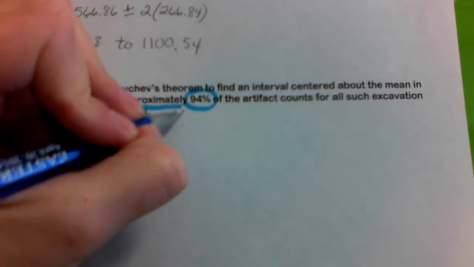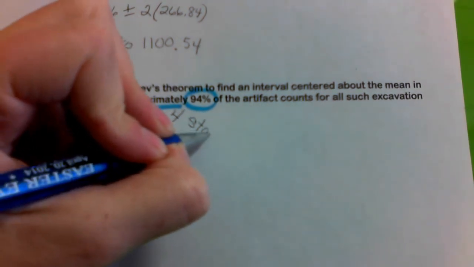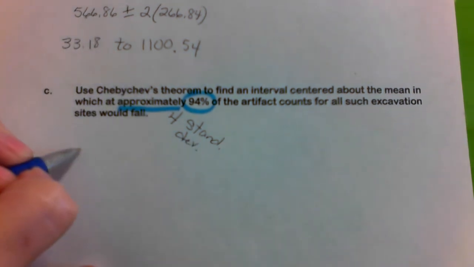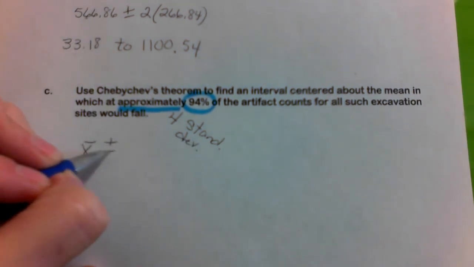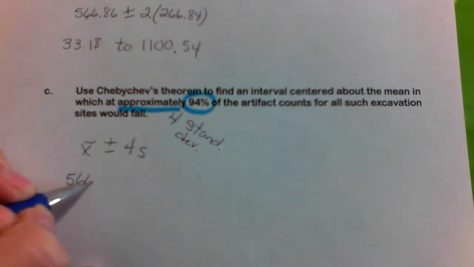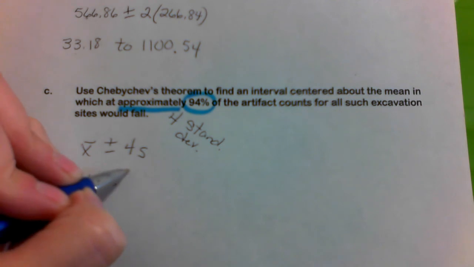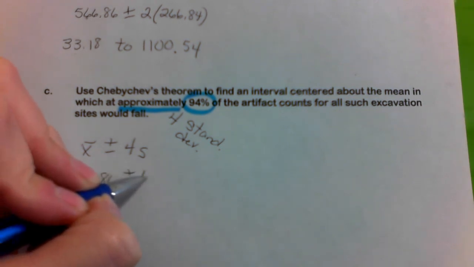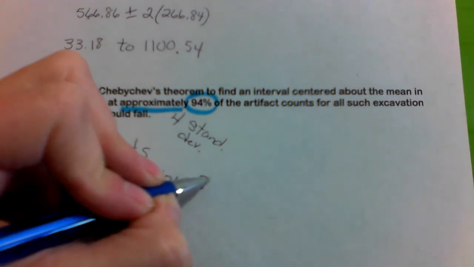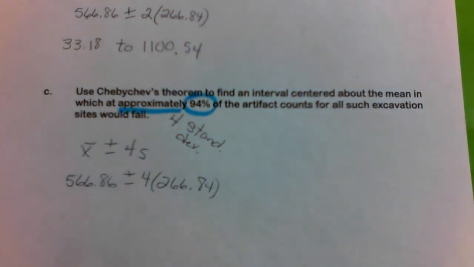So this tells me it's within 4 standard deviations. So I'm going to calculate x bar plus or minus 4 standard deviations. So we'd have 566.86 plus or minus 4 times 266.84.